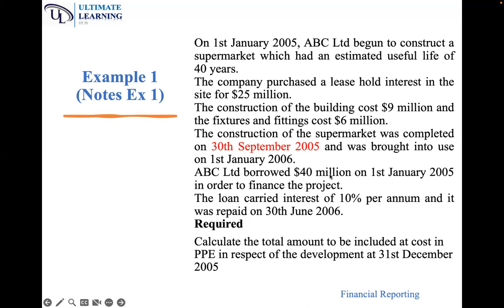ABC Limited borrowed 40 million on 1st January 2005 in order to finance the project. The loan carried an interest of 10% per annum, and it was repaid on 30th June 2006. Required: calculate the total amount to be included at cost in the PPE in respect to development at 31st December 2005. So at the end of 2005, we need to calculate the amount of borrowing costs to be capitalized. So let's go to Excel.